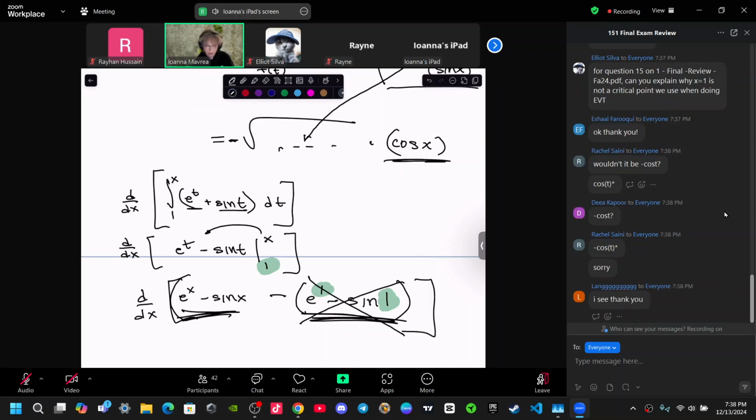And when you differentiate this, you're going to end up with, what am I doing here? No, that's cosine. Thank you. Cosine x. The integral of sine is not negative sine. It's negative cosine. So now I'm going to differentiate this.